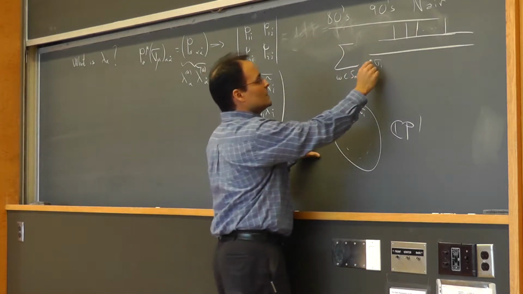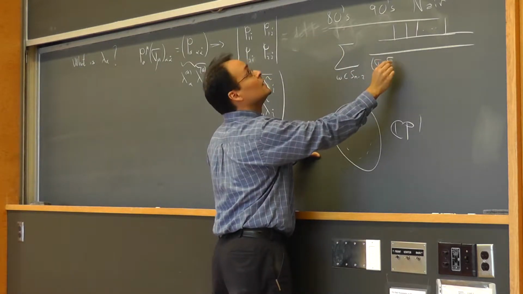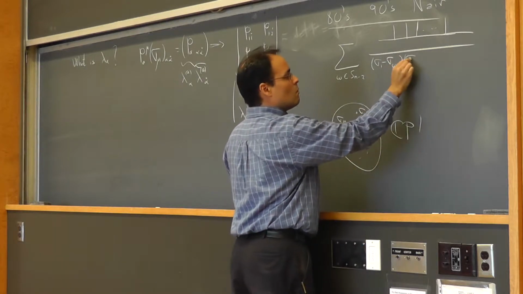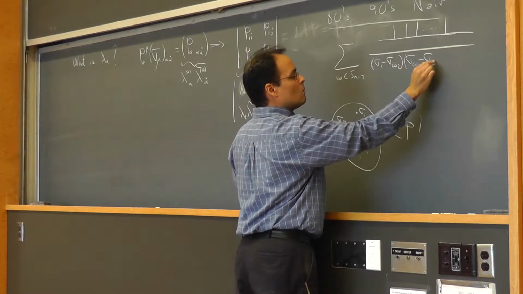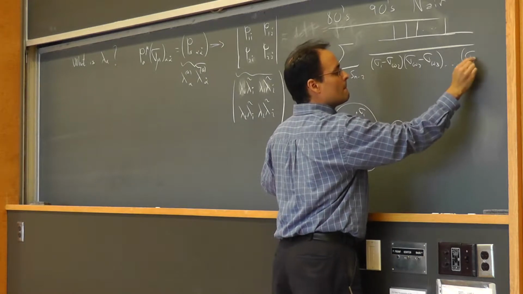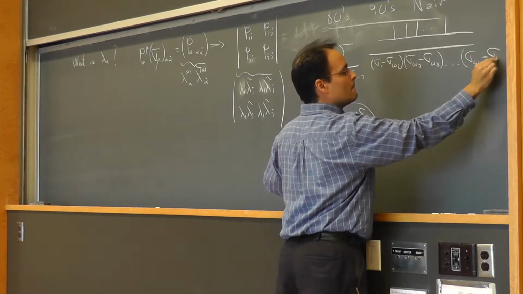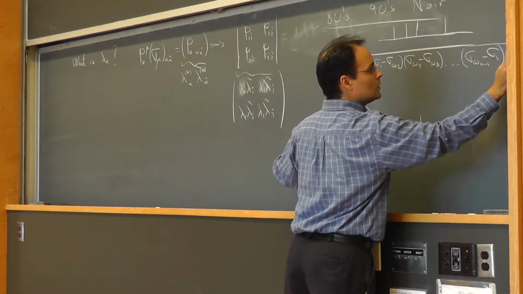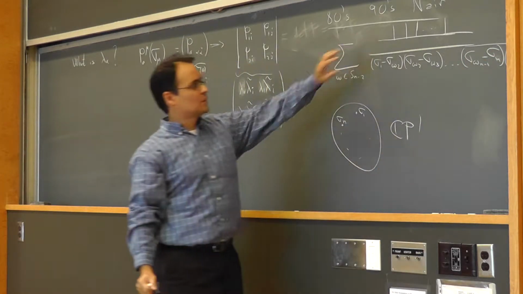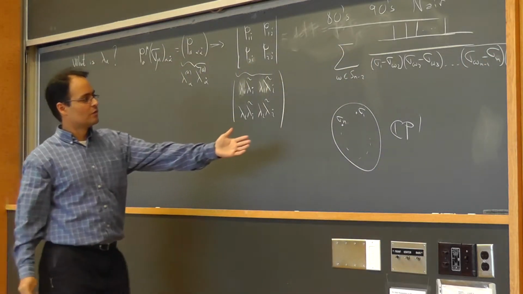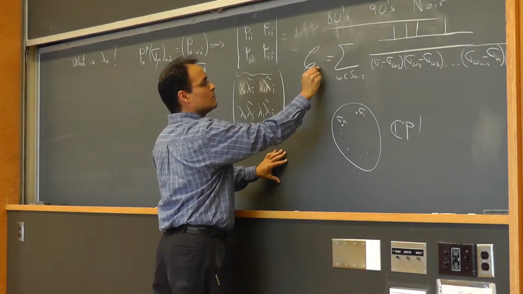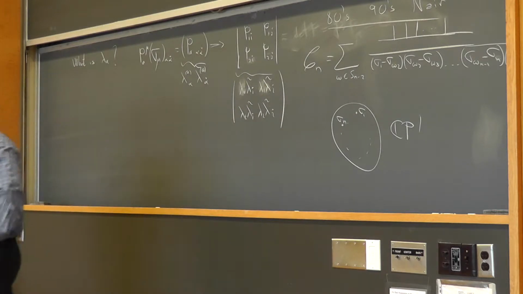And I realize that these are objects that you can get by studying some correlation functions on the sphere. So let me call this Cn, okay? And it's a permutation invariant object.